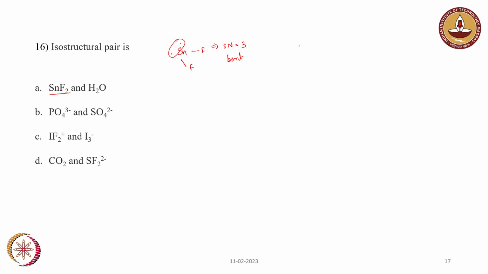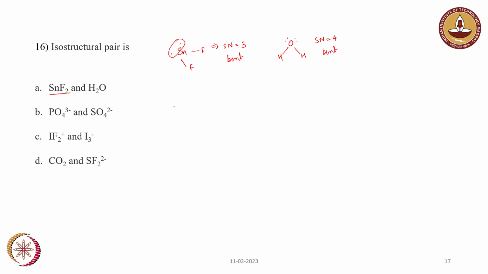And the next one is H2O, where oxygen is the central atom. It has 6 valence electrons and forms 2 bonds with 2 hydrogens. And the steric number is 4. It has a bent shape.